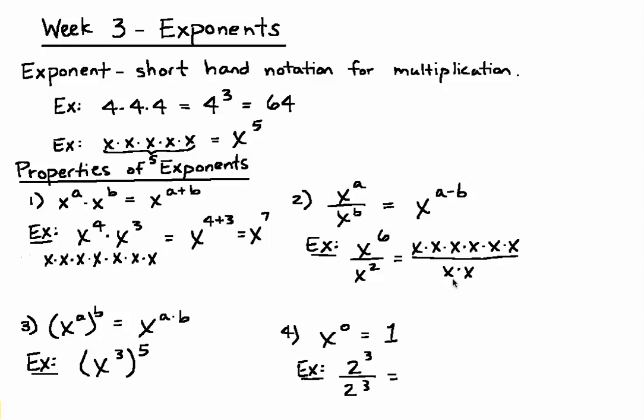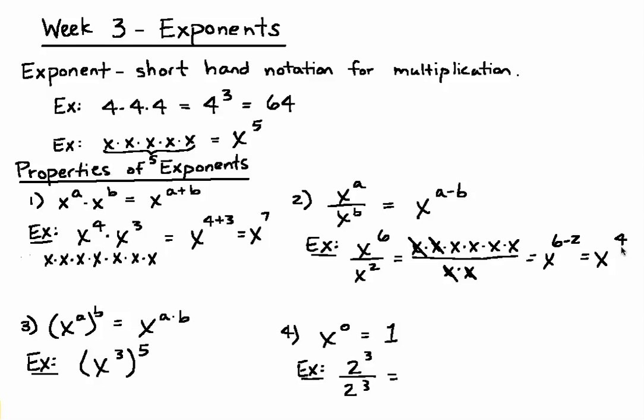In this case, I can cancel out an x and another x, and I'm left with 4 x's. In other words, my answer is x to the 4th power, which we could have also gotten by subtracting our exponents. 6 minus 2 is 4, so x to the 4th.